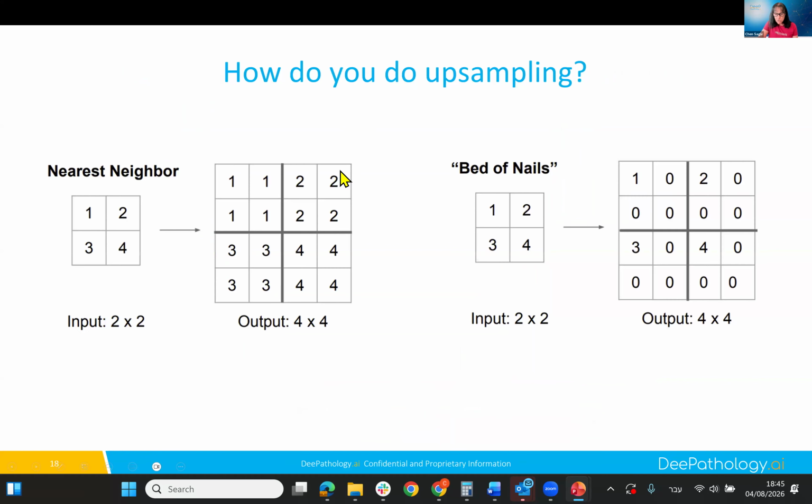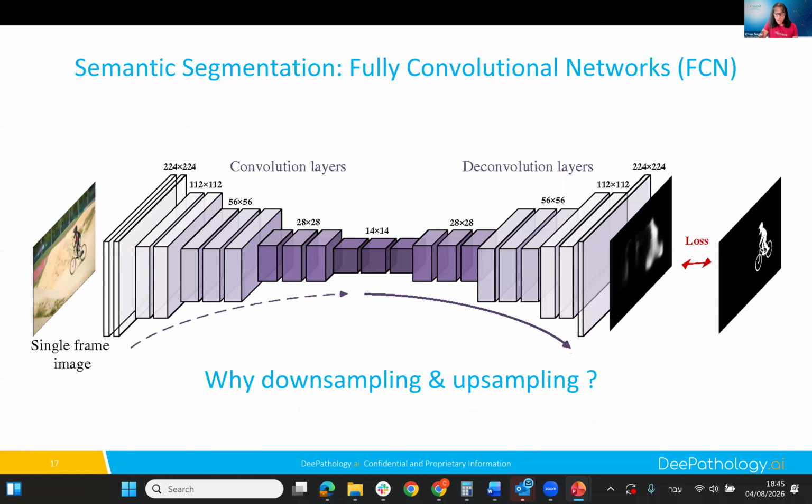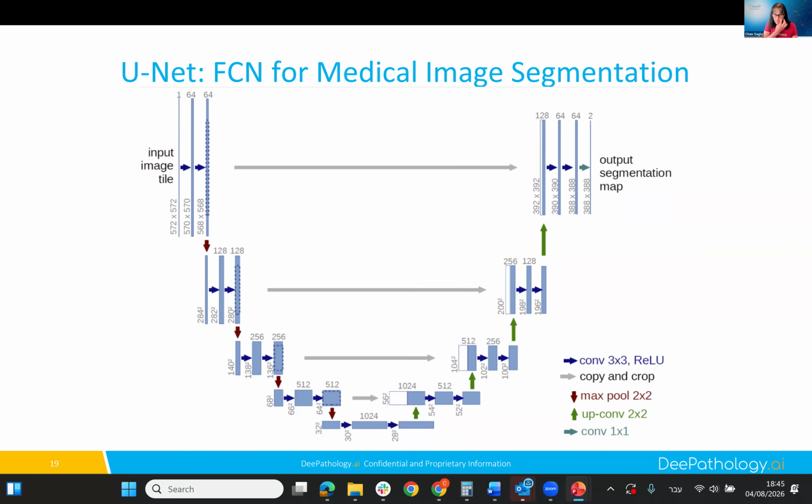It's very similar to what we saw here, the fully convolutional network, but it's a bit different. We have the convolutional layers, the downsampling, continuing with the convolutional layers. At some point, all the information is shrunk into a vector, and then we have upsampling.